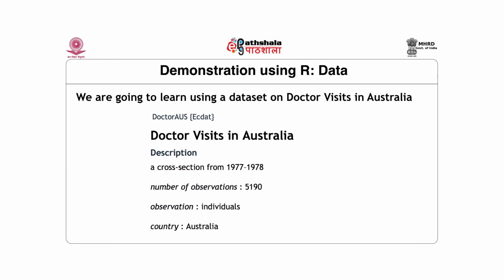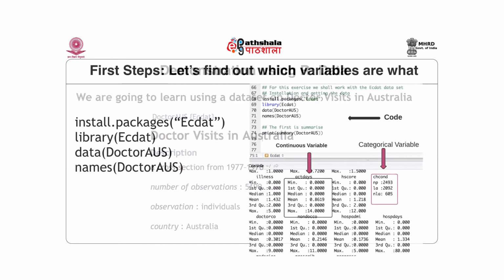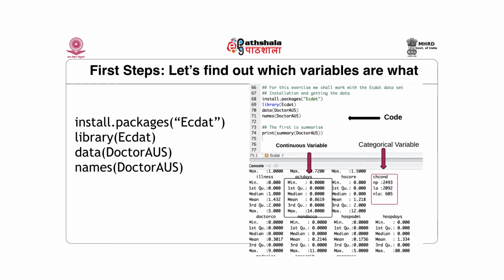So one of the first things that you should do is install a package. In this particular case, the package is ECDAT. Then you call the library ECDAT into your R workspace. You load the data Dr. AUS.